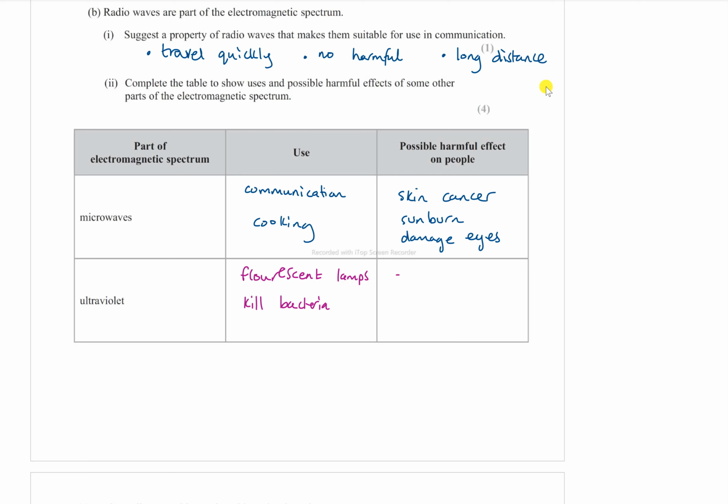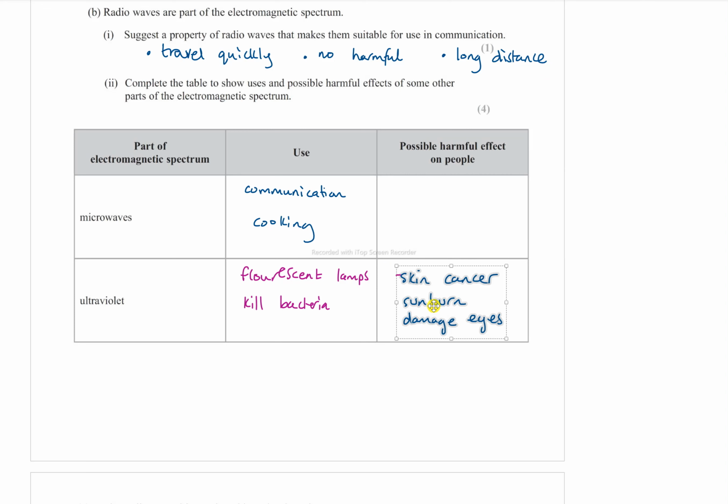Ultraviolet can damage the skin, and it can cause heating. I've got to be careful with that.